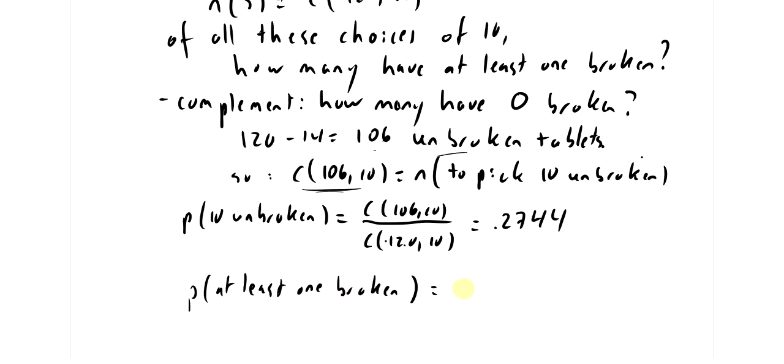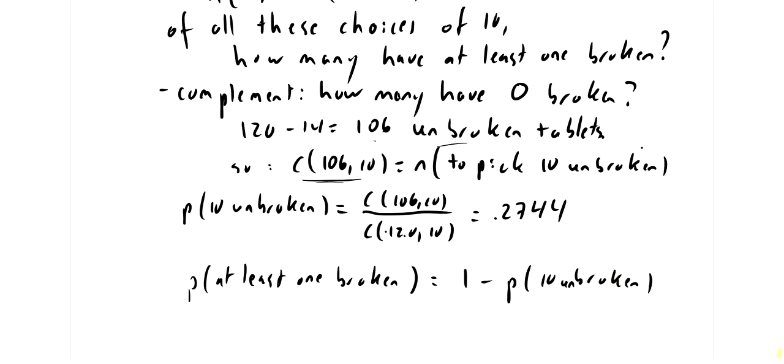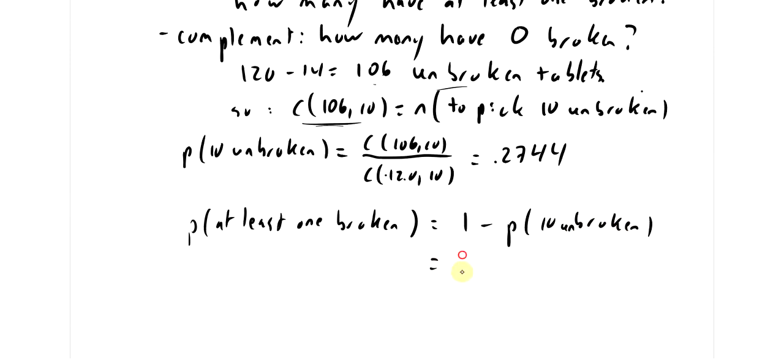But by the magic of complements, we know that's 1 minus the probability that you chose 10 that are unbroken, which equals 1 minus 0.2744, which equals 0.7256. So there's a 72.5% chance that they ship it back.